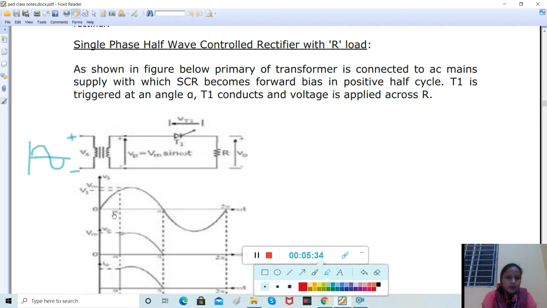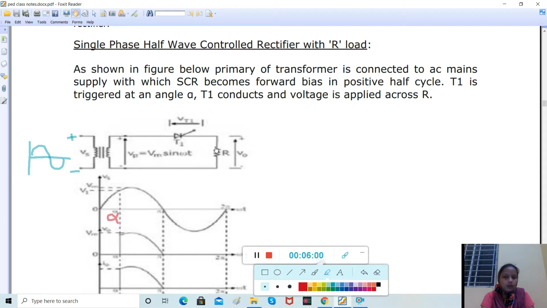When the thyristor is triggered at the alpha angle, it shifts from the forward blocking state to the forward conduction state. That means the thyristor is turned on. Once the thyristor is turned on, current can flow from the supply to the load through T1.